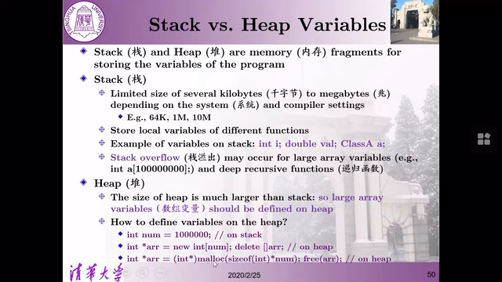This is a C function actually. Malloc is a C function to allocate memory on the heap. So in this way, we are defining arrays on heap. So these variables are very large. And also we need to delete. Otherwise, this memory will be leaked into the system. So that's called memory leaks.